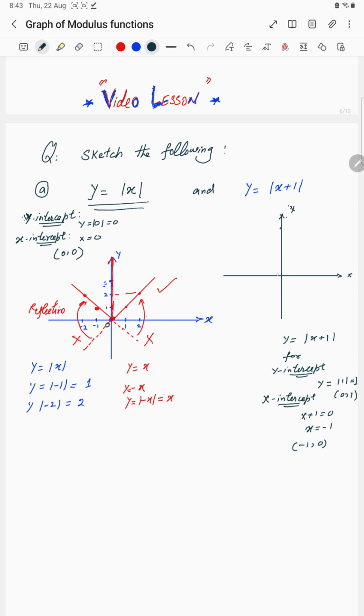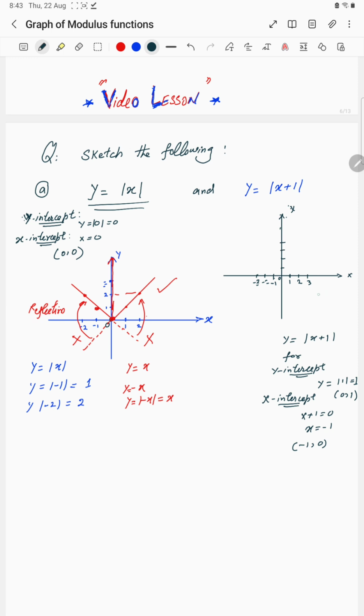So let's see, it's -1, it's -2, and so on; on the positive side 1, 2, 3, and on the y-axis 1, 2, 3, 4, and so on.